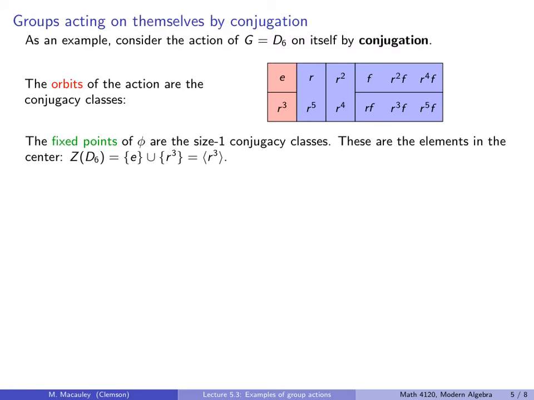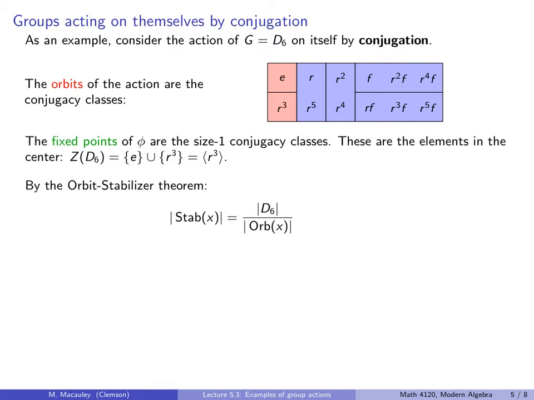The fixed points of phi, by definition, are the size 1 orbits, so they are the size 1 conjugacy classes. And recall that the size 1 conjugacy classes from the lecture when we first saw these things were precisely the elements in the center. And in this case, that's just the identity and r cubed. So these two elements are the subgroup generated by r cubed.